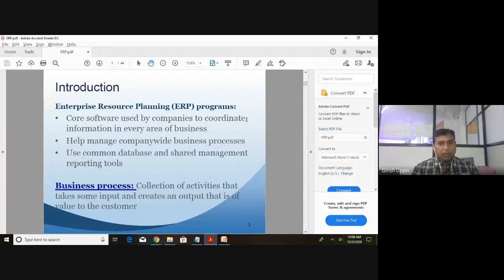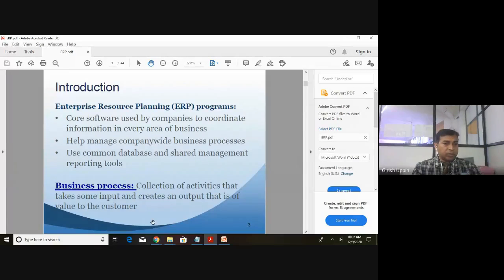From the minute you apply for admission until you get admitted, whatever activities are carried out, that is a process. Similarly, in business, there will be many such processes, and we know ERP uses a common database and shared management reporting tools. So there is a common database and shared reporting tools.